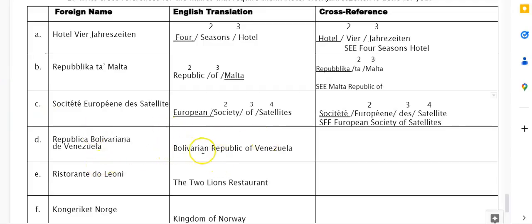This one we have the Bolivarian Republic of Venezuela. So the name of the country is Venezuela. Next is Bolivarian, which is my unit 2. Unit 3 is Republic. Unit 4 is of. Again, I'm just going to copy and paste my foreign name to save some time here. So this would be my key unit.